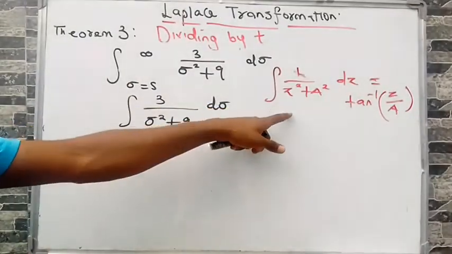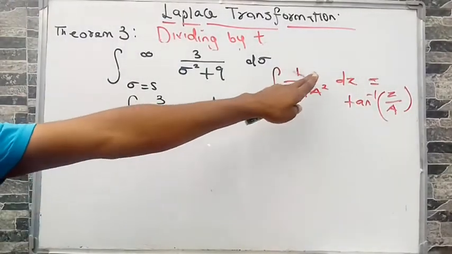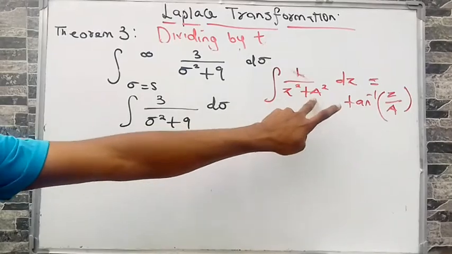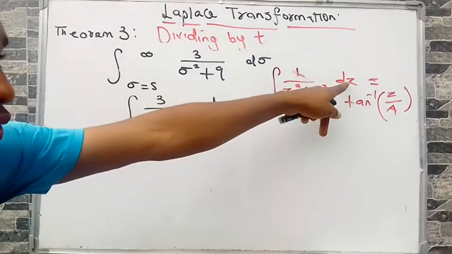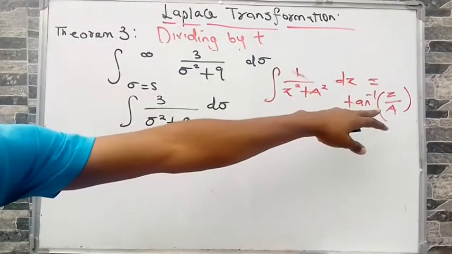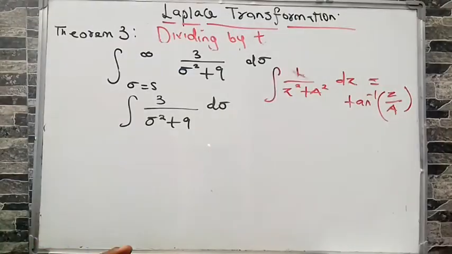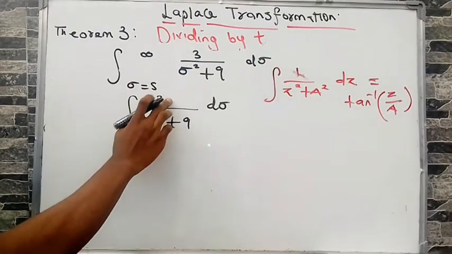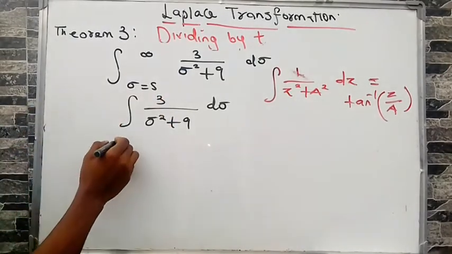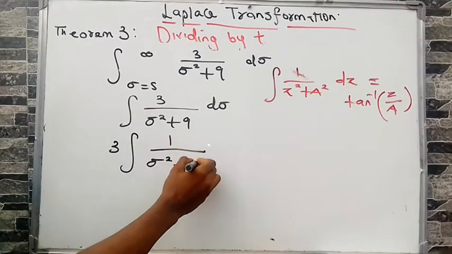This is a rule in solving this kind of integral question. The rule says the integral of 1 divided by z squared plus a squared, where a is a constant because we are integrating with respect to z, which is a variable, is equal to tan inverse of z over a. So we are going to apply this rule. Since 3 is a constant, take it to the back of the integral sign. So this is 3 times the integral of 1 divided by this squared plus 9.